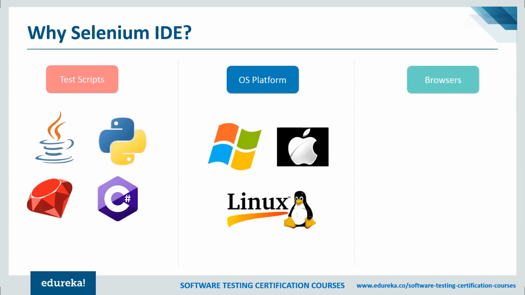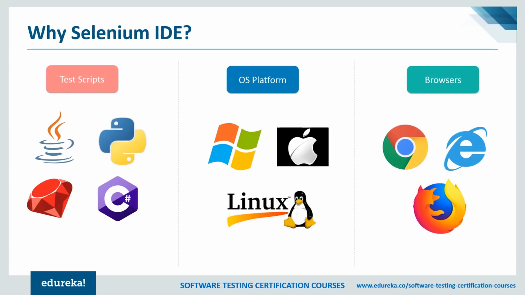Not only that, they can be carried out using any browser like Mozilla, Internet Explorer, Google Chrome, Opera, Safari, etc. Tests can be integrated with tools like TestNG and JUnit for managing test cases and generating reports. And it can also be integrated with Maven, Jenkins, and Docker to achieve continuous testing. That is the reason everyone prefers Selenium over other automation testing tools.